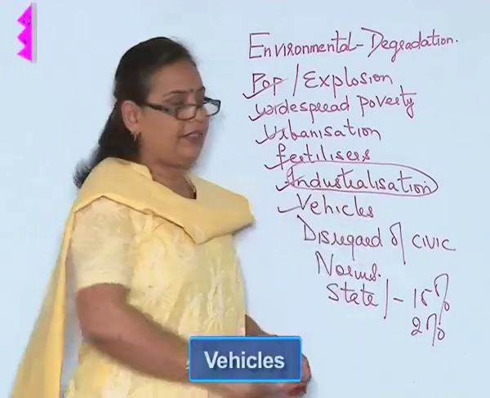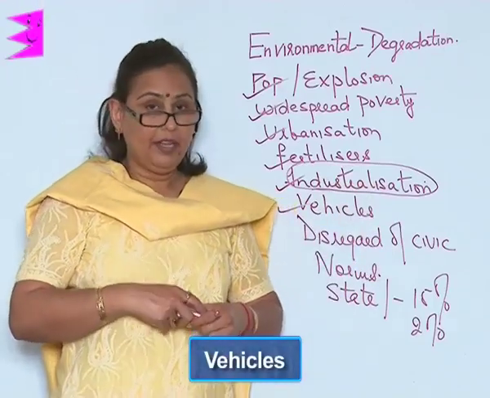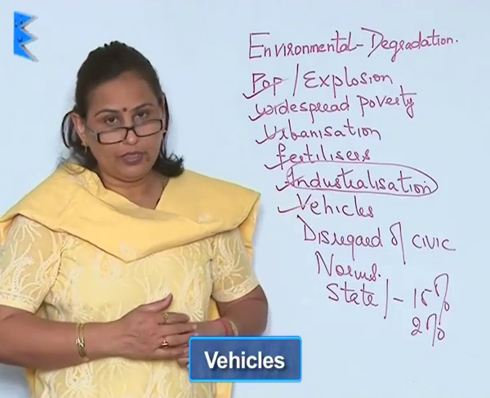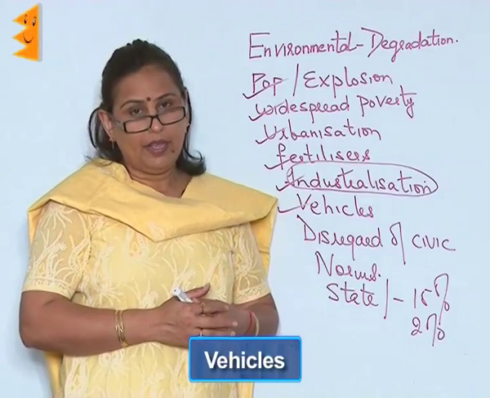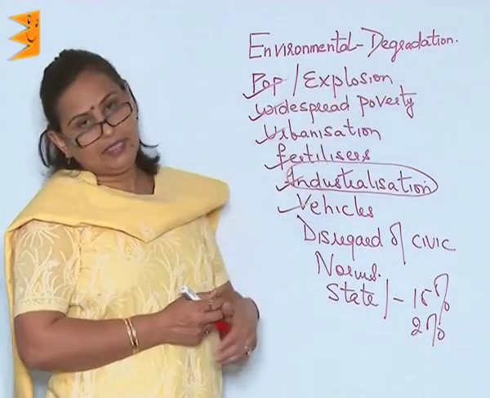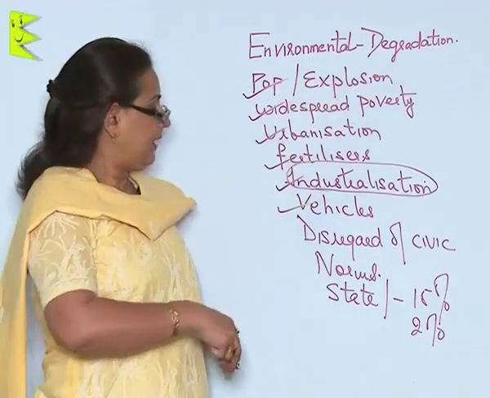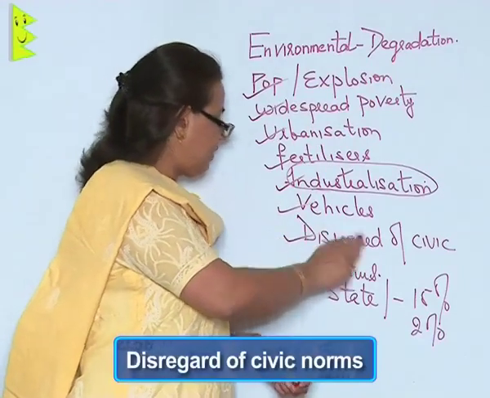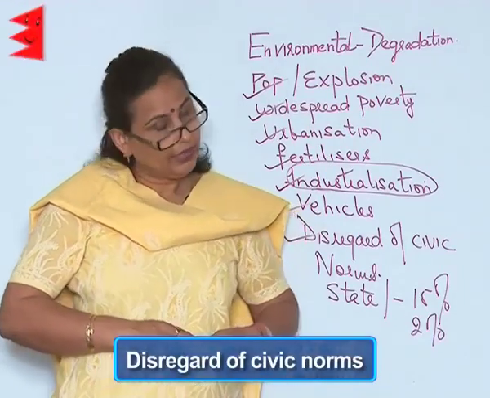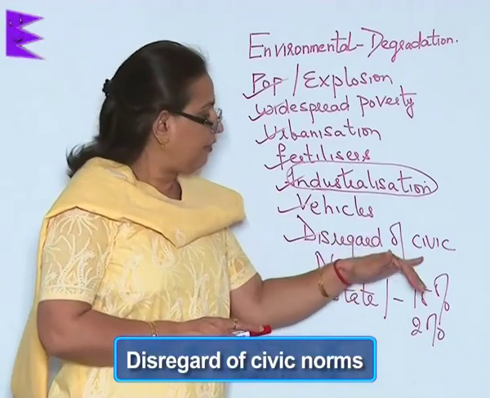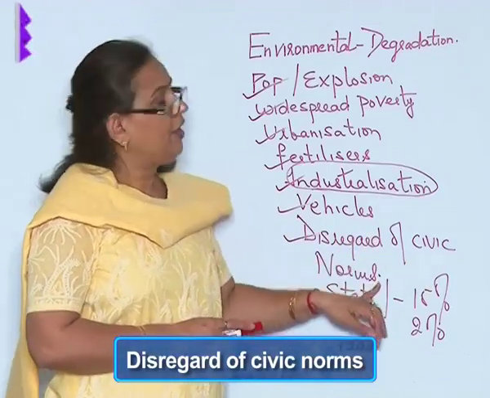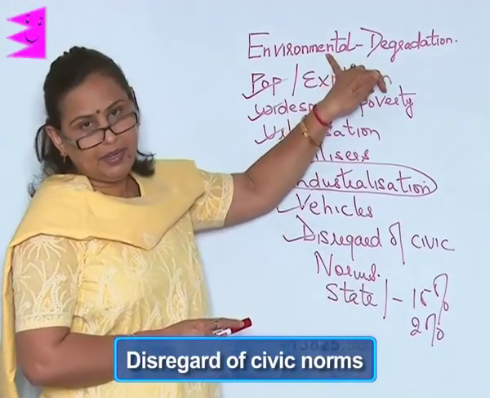Then next is the vehicles. So many vehicles moving on the roads, emitting so much smoke, is leading to environmental degradation. And then we have disregard of civic norms. In India, due to illiteracy, people do not follow the civic norms set for safeguarding the environment.